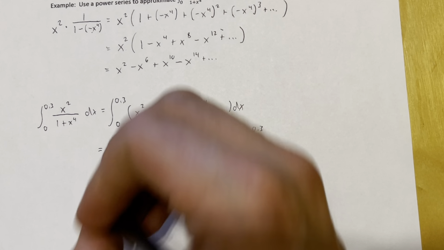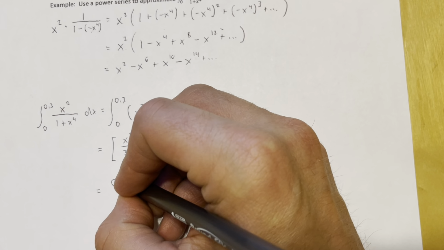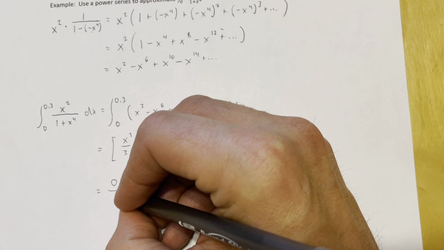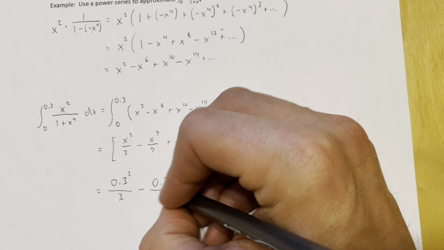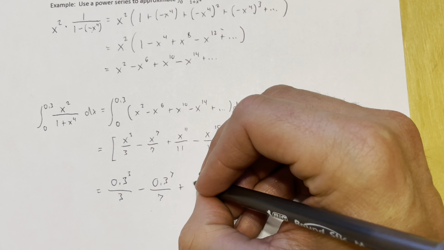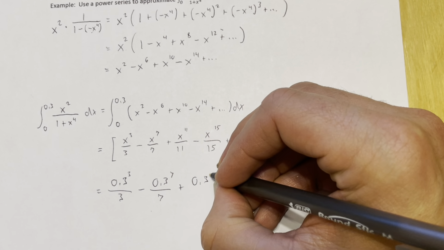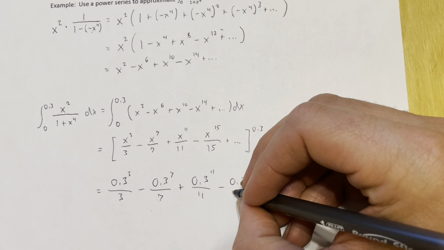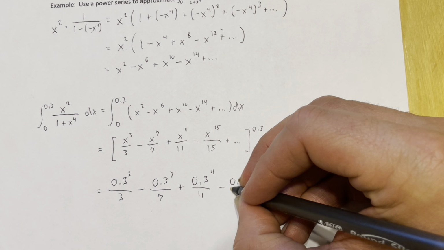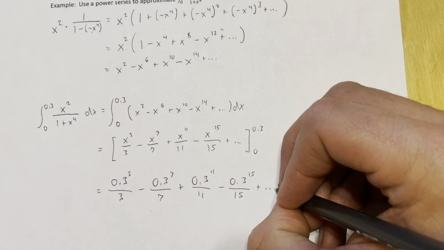I really just need to plug the 0.3 in. This is equal to 0.3 cubed over 3 minus 0.3 to the 7th over 7 plus 0.3 to the 11th over 11 minus 0.3 to the 15th over 15 plus dot, dot, dot.